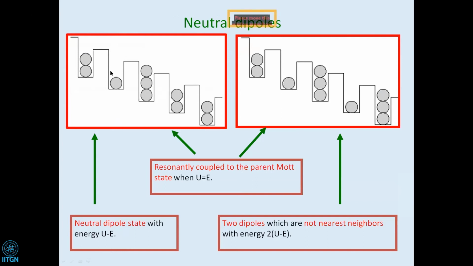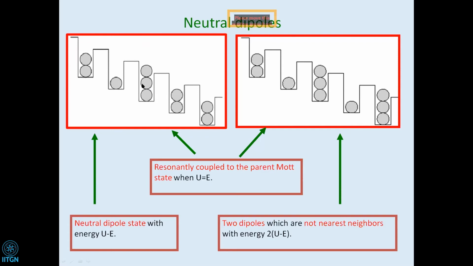Now this, of course, costs an energy U minus E, because when the boson goes here, it gains an energy E because it moves in the direction of the electric field, and it loses an energy U because now it has a stronger repulsive interaction out here.